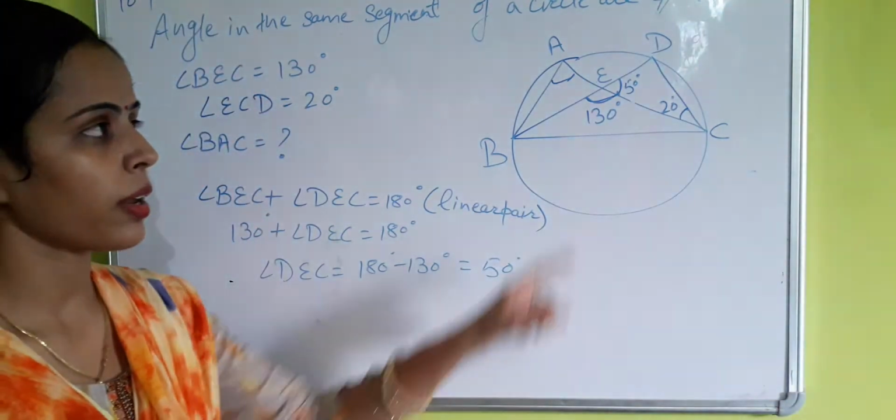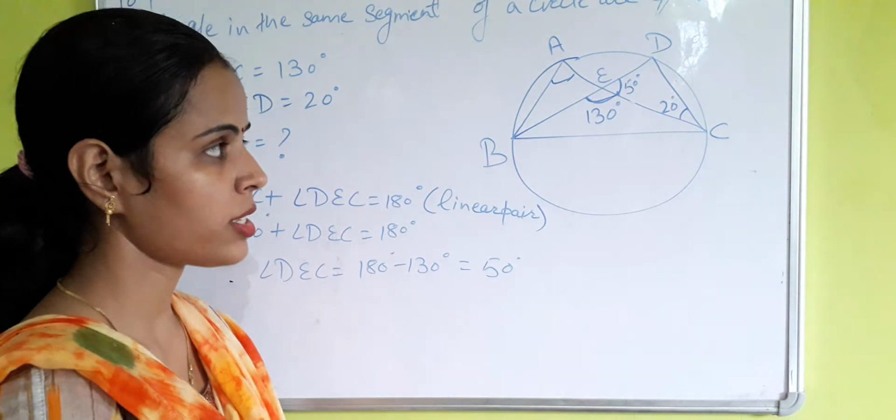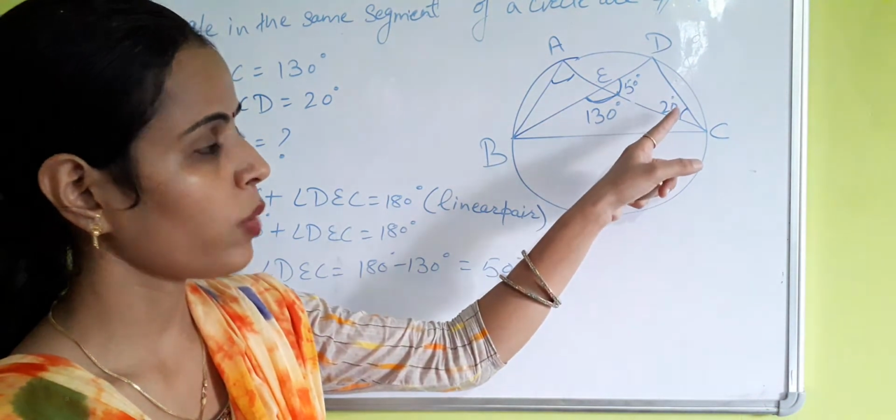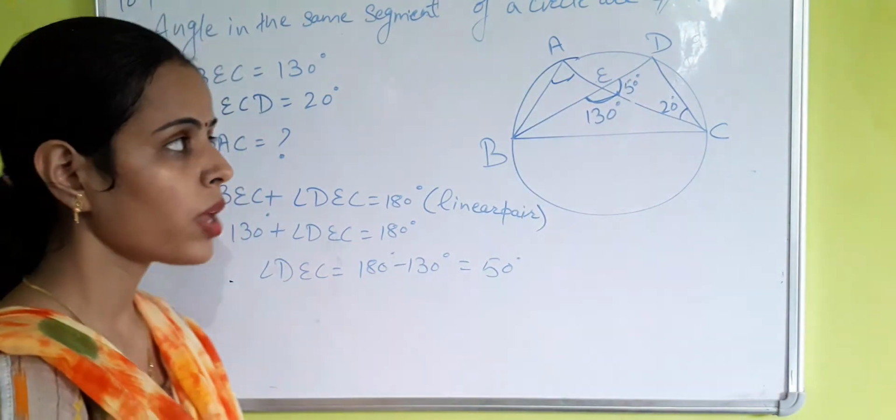Now in triangle DEC, with 50 degrees and 20 degrees, we can find the value of this angle D by angle sum property.